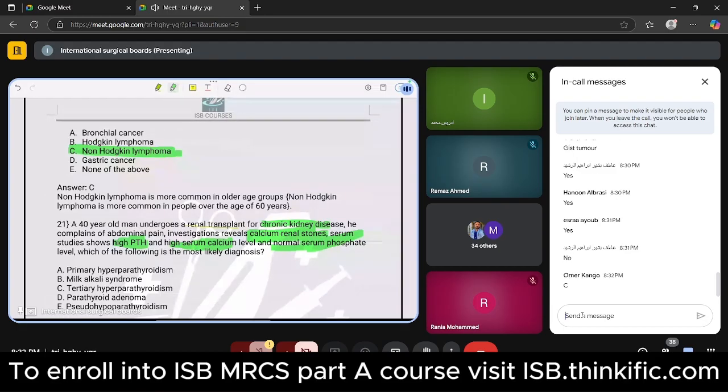He had a history of chronic kidney disease, and now after a transplant he's presenting with high PTH and high calcium. Tertiary, right? Tertiary hyperparathyroidism. So if you take a biopsy from the parathyroid glands in a patient with tertiary hyperparathyroidism, what kind of abnormality will you see?